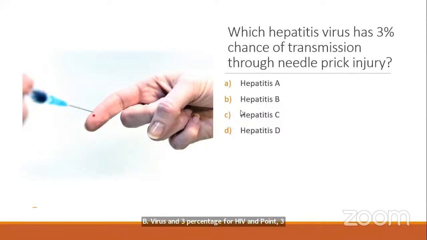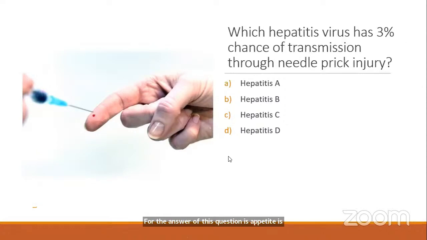I hope none of you sustain a needle stick injury, but if you do, don't be frightened about HIV. The chance of transmission is very, very low, only 0.3%, but you can acquire hepatitis B viral infection, for which the risk is around 30%. The answer for this question is hepatitis C virus.